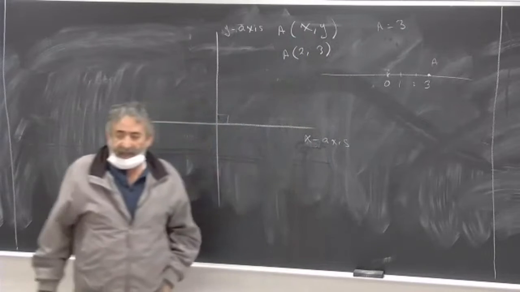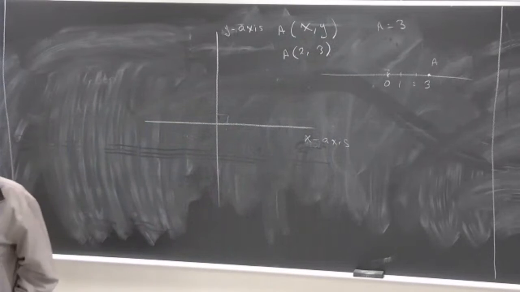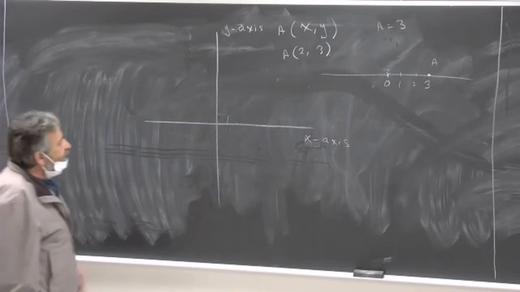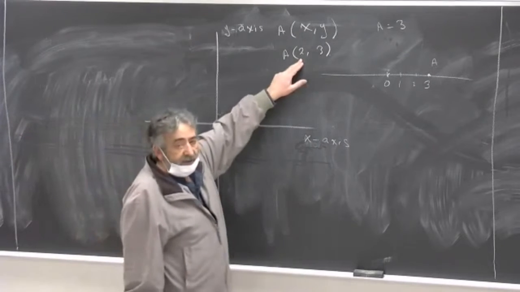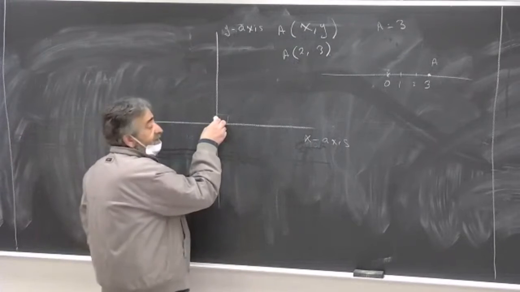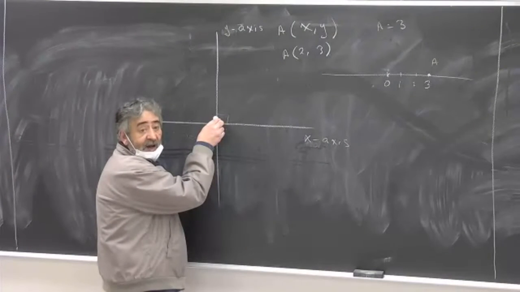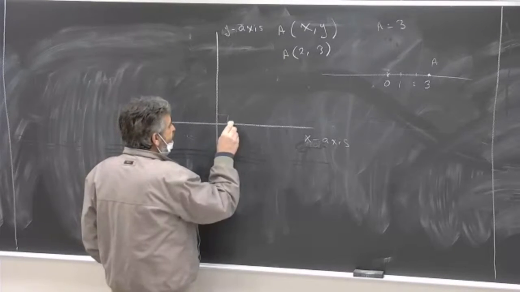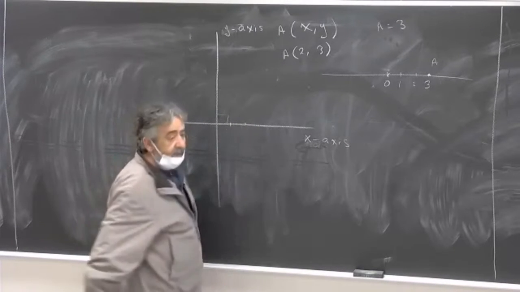If I want to know where 2 is, I measure 2 units away from the y-axis, so that's 1, 2.